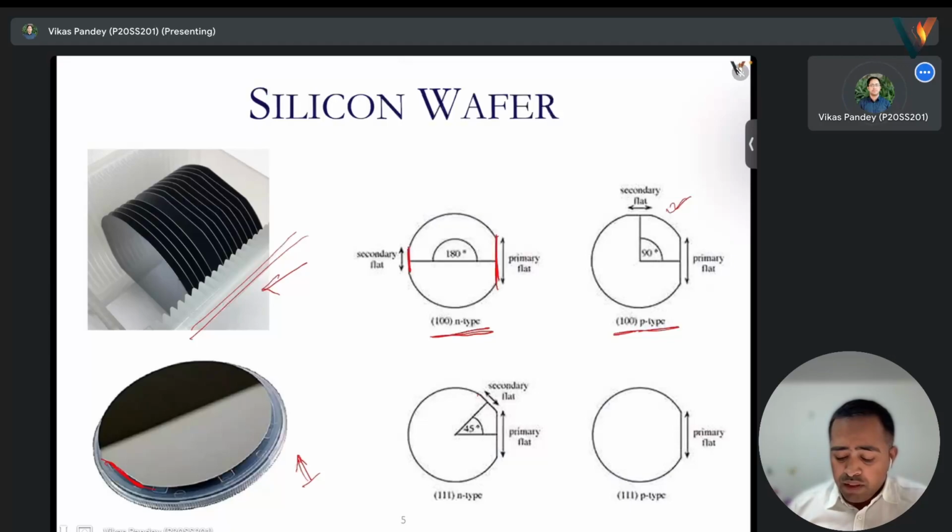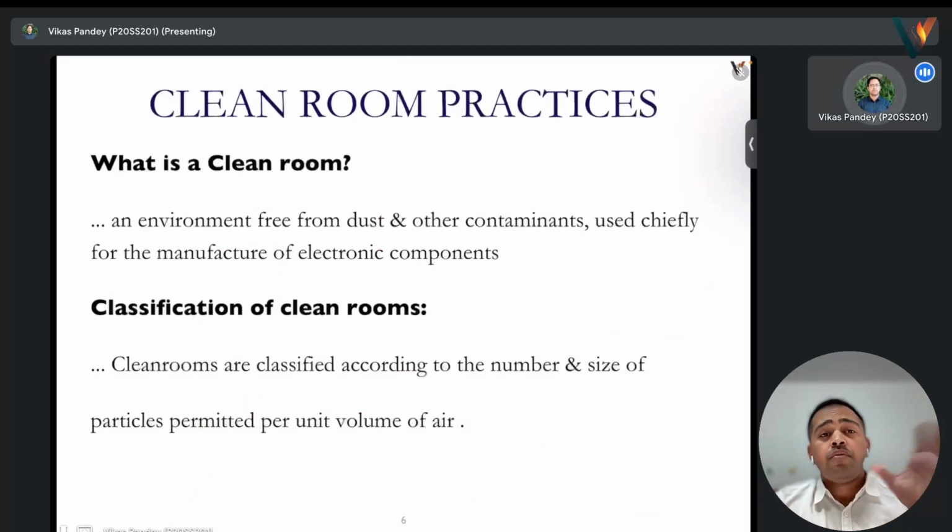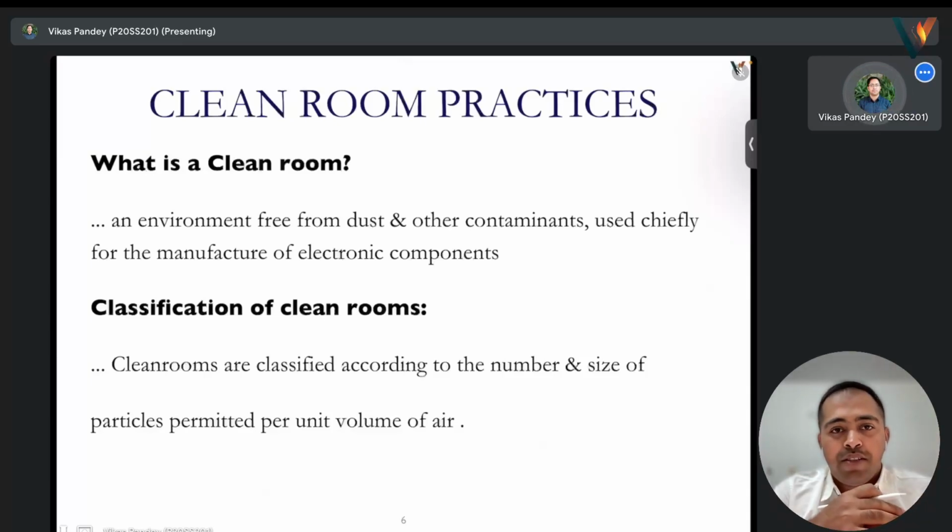And in case there is only one primary flat, then it is 111 p-type. So we can say that the wafer shown here is a 111 p-type wafer. Fine, once we have this wafer, where will we process it?